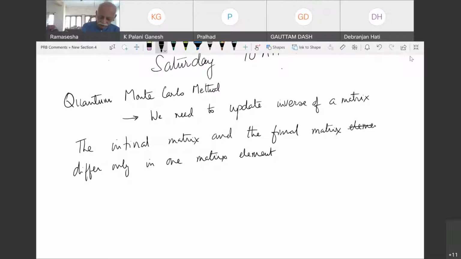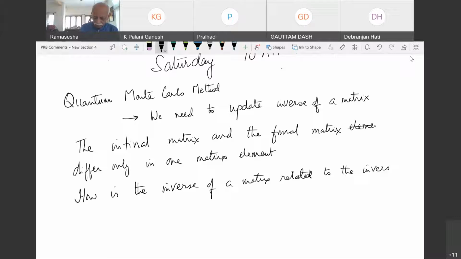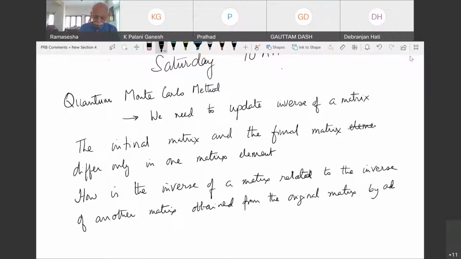That is, how is the inverse of a matrix related to the inverse of another matrix obtained from the original matrix by adding a matrix of rank 1?